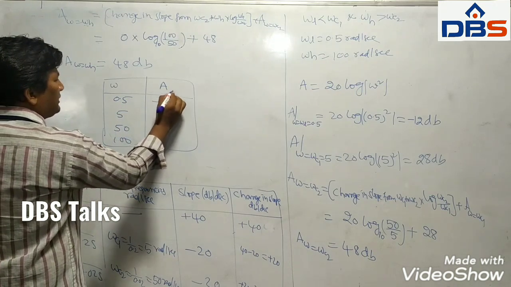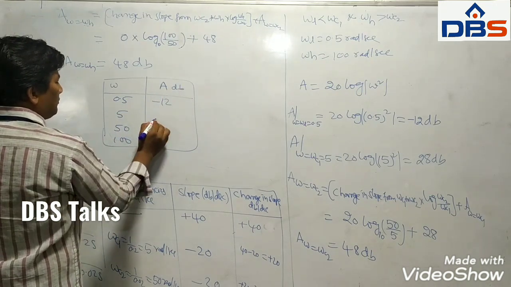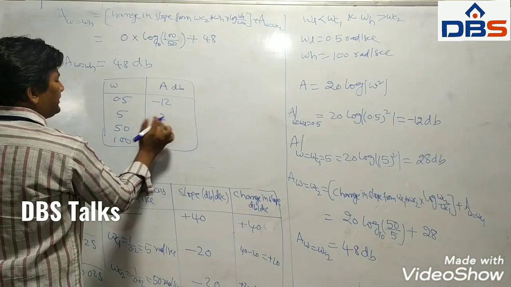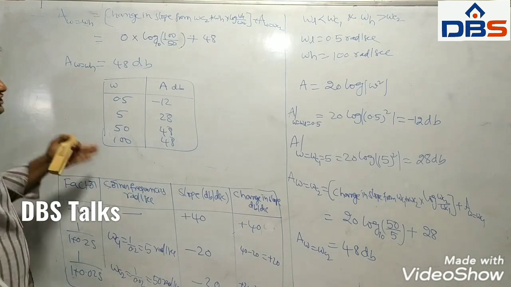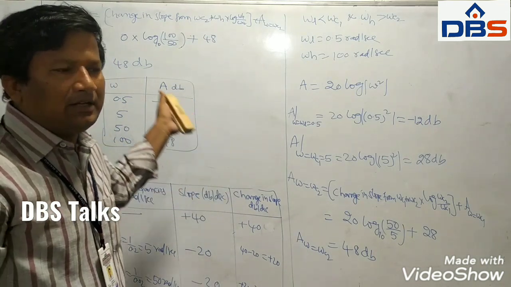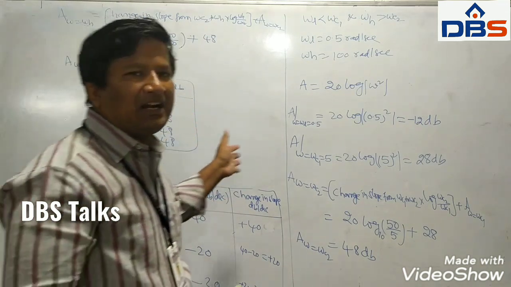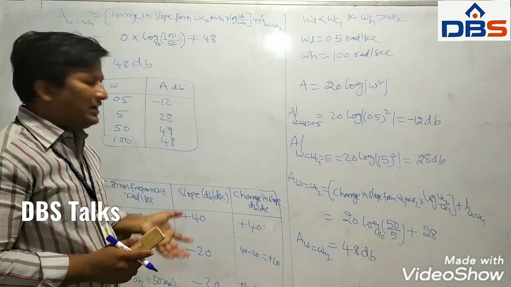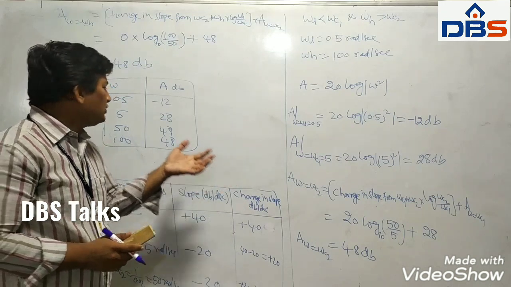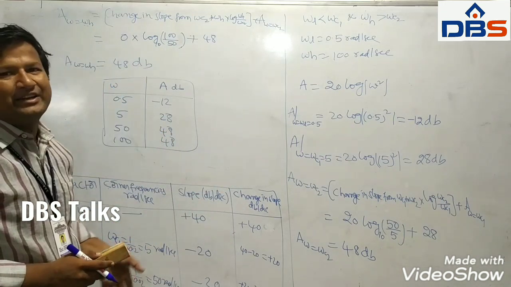So this is minus 12 dB, plus 28, 48, 48. By using this table, take a similar graph sheet, where on the y-axis 1 unit is 10 dB and on the x-axis it is 0.1. So we have to draw the magnitude plot.